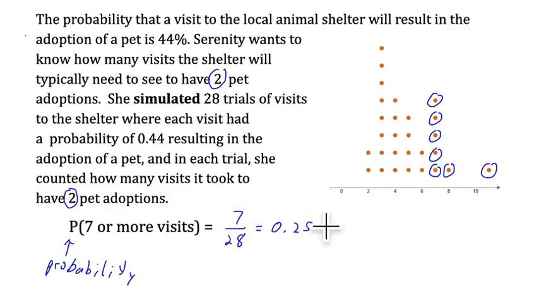Or we could write that as a percentage, 25%. So based upon her simulation, she estimates there is a 0.25 or 25% chance that it will take 7 or more visitors to the shelter before 2 pets are adopted.